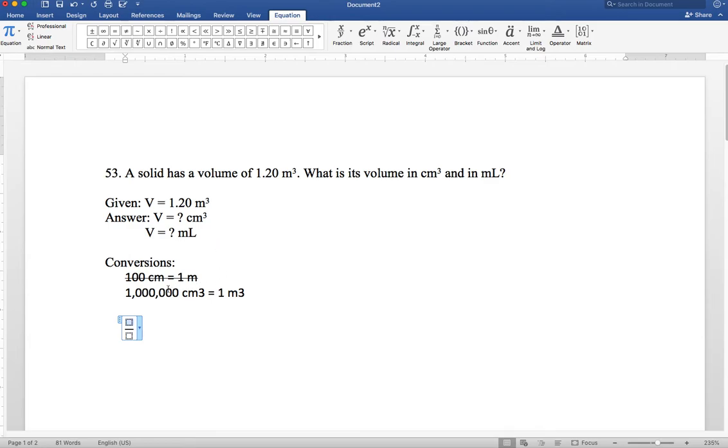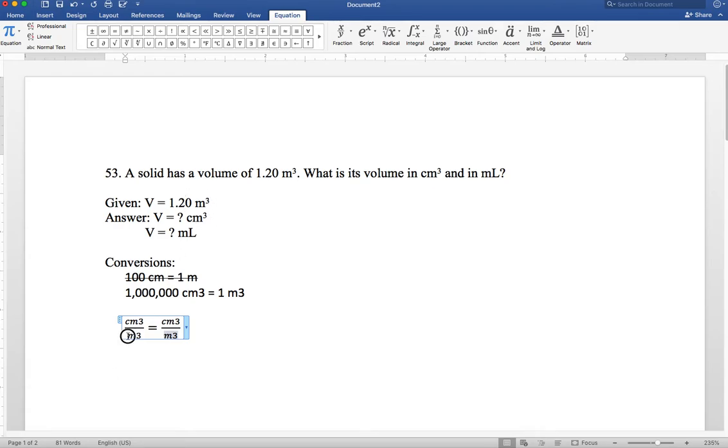So our conversion is cubic centimeters to cubic meters, so I'm going to keep it that direction: cm3, cubic centimeters over cubic meters, equals cubic centimeters over cubic meters. That might seem really obvious and also not very useful right now, but it is, because now we can take what we're given, and that's 1.20 cubic meters.